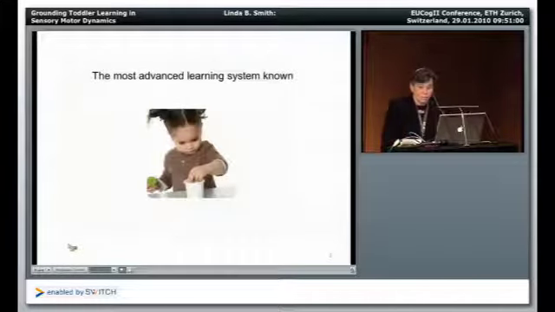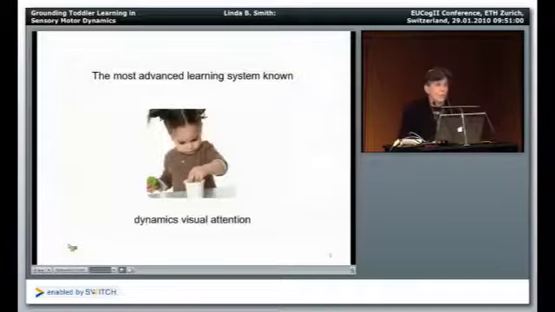So this right here is the most advanced learning system that we know to date. And I might add, it's better than anything any of you have ever built. And what I want to talk about today are the dynamics of visual attention and how those dynamics contribute to learning.